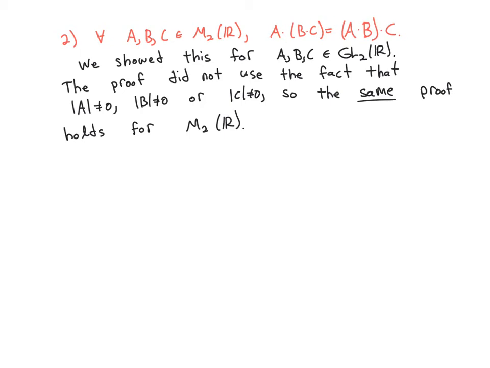When you multiplied them together, that proof did not use determinants at all. So that same proof works for matrices even if their determinants are 0. So in particular, associativity still holds. So one can just go back and copy and paste that proof word for word, and it's the same argument. So matrix multiplication is associative.